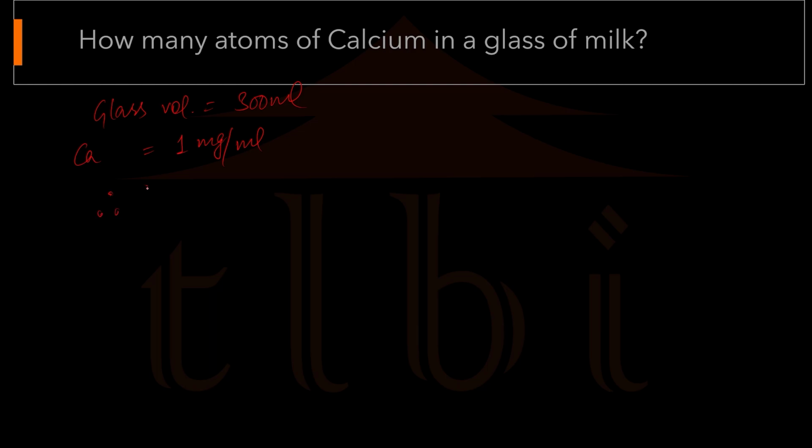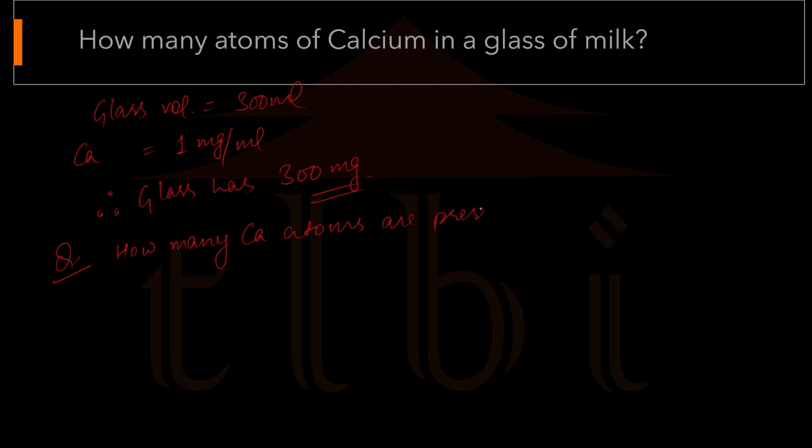That means in a glass, 300 milligrams, right? So the question essentially becomes how many calcium atoms are present in 300 milligrams of calcium, right?